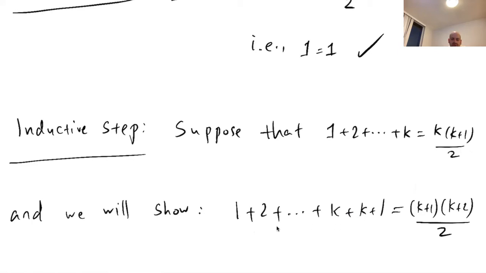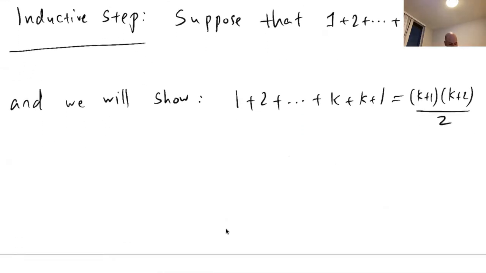For the first k terms, 1 plus all the way to k, I am assuming that it's equal to k times (k plus 1) over 2. So why don't I replace it with k times (k plus 1) over 2 and see what happens?